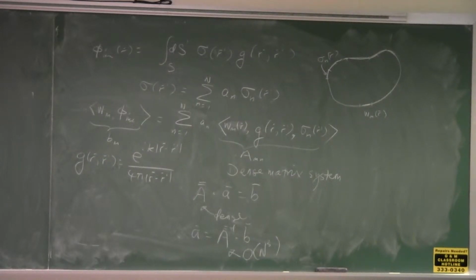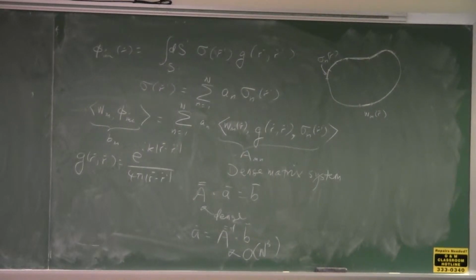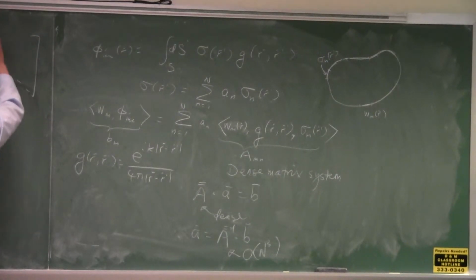You can say that the matrix A is the diagonal part plus the off-diagonal part. This is the diagonal part. This is off-diagonal part. So the matrix A is a dense matrix. It will look something like this. Everywhere be non-zero. Okay?